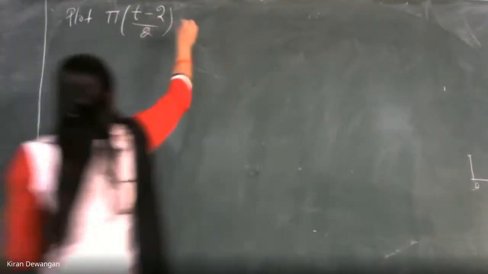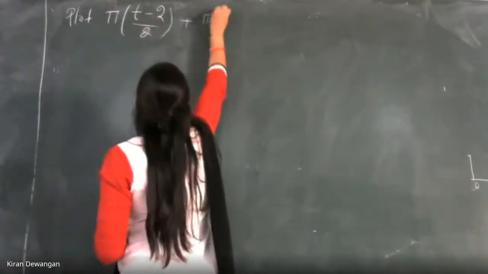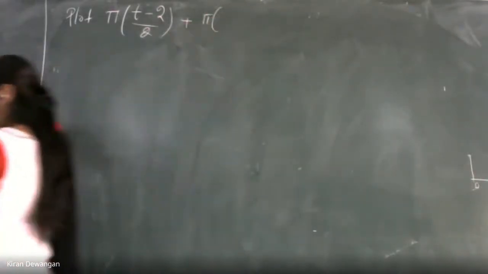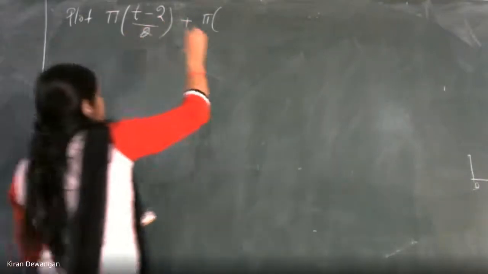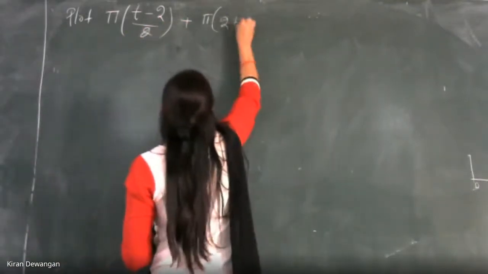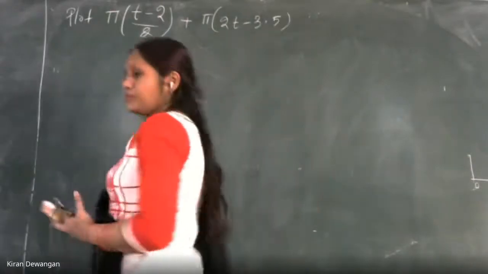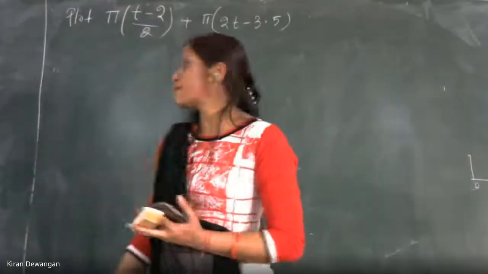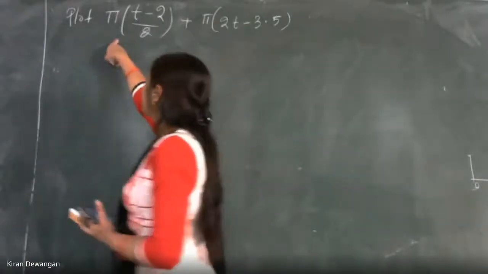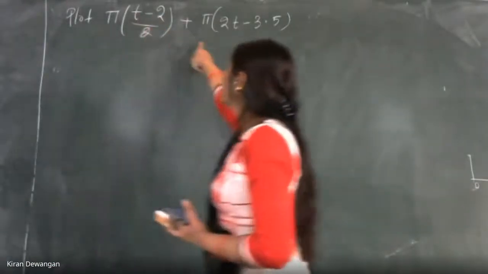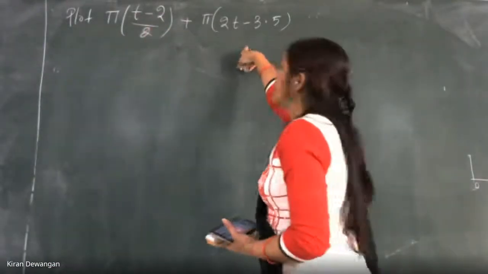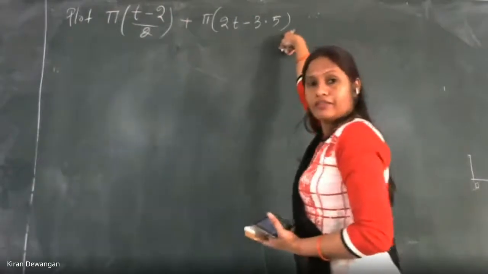No, it's not minus, it's plus. This you have to plot: pi of (t minus 2) by 2 plus pi of (2t minus 3.5).